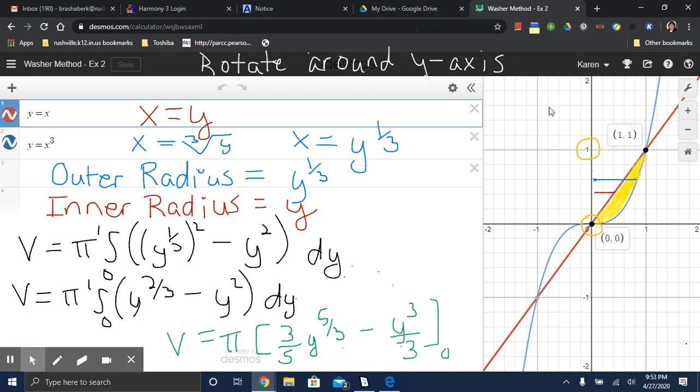This is evaluated from 0 to 1. And I'm again going to let you plug in the 1 and simplify. And that's going to give you a final answer of a volume 4 pi over 15. Again, this one was rotated around the y-axis.